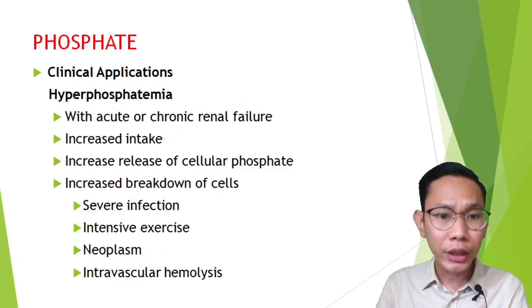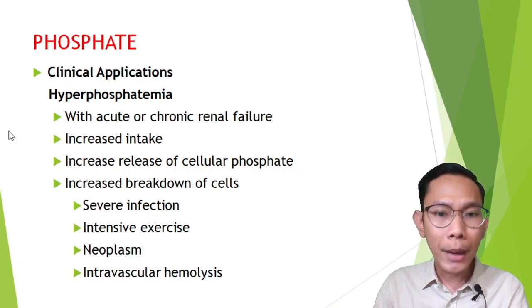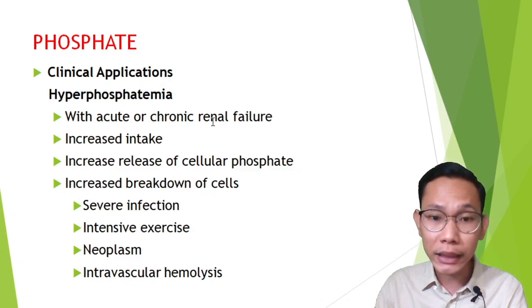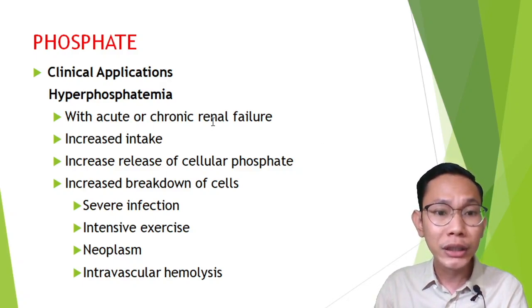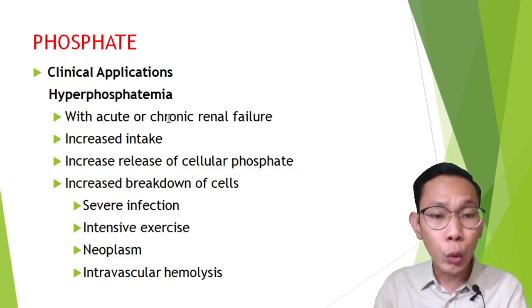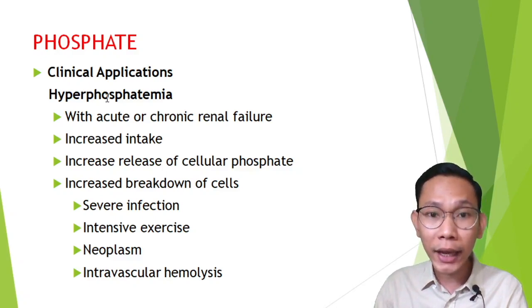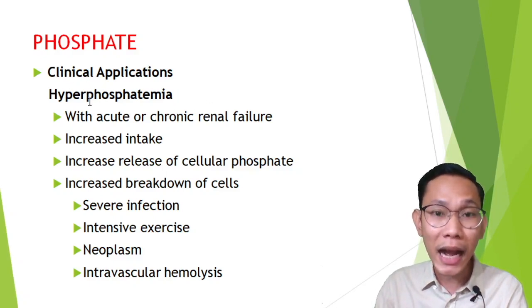So another condition, hyperphosphatemia with acute or chronic renal failure. So in short, pag mayroon tayong acute or chronic renal failure sa ating kidney, anong nangyayari? Nagkakaroon ng hyperphosphatemia. Remember that your kidneys are involved in the excretion of too much phosphate. Pag nasira ang ating kidney, anong nangyayari? Hindi natin napapalabas ang ating phosphate. Kaya nagkakaroon tayo ng hyperphosphatemia.